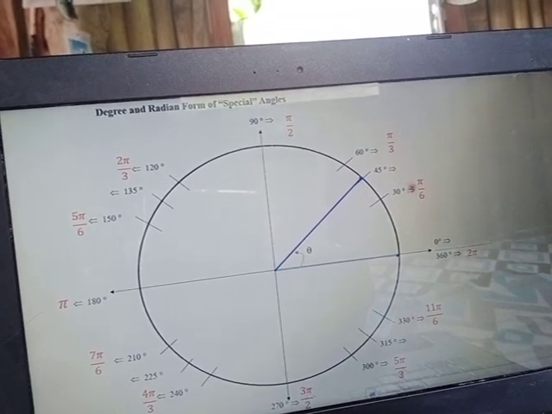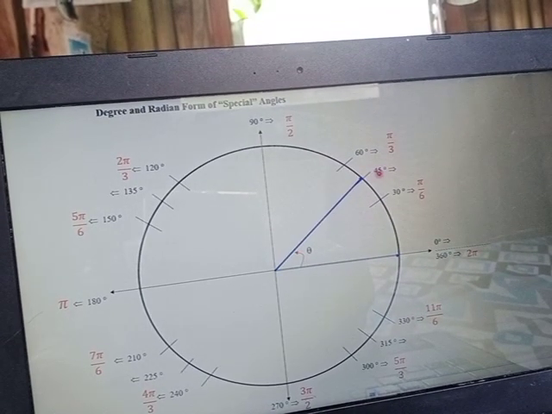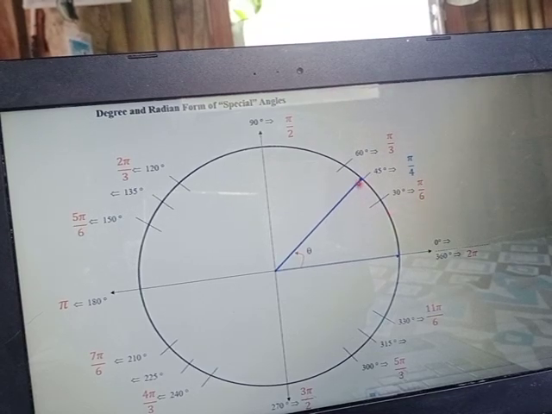So how about for 45 degrees? How many 45 in 180? Let's have 1, 2, 3, and 4. So we have 4. So therefore, this is equivalent to pi over 4. And then the multiple of 45, we have pi over 2. So if this is 1 over 4, this is 2 over 4 pi, we have equivalent to pi over 2.